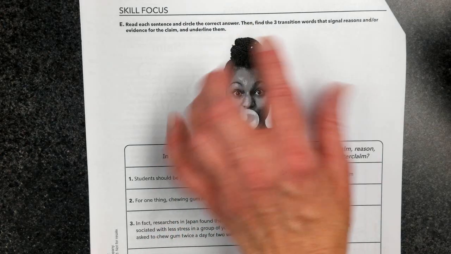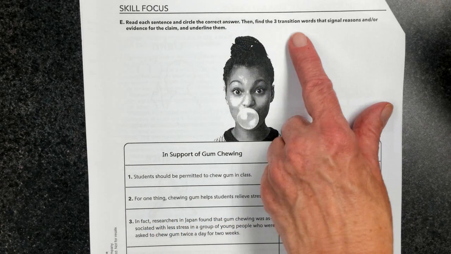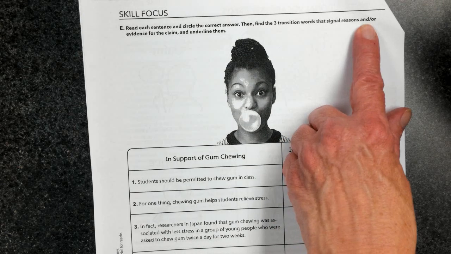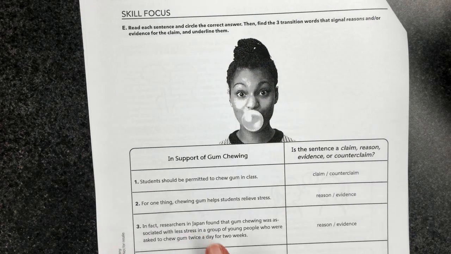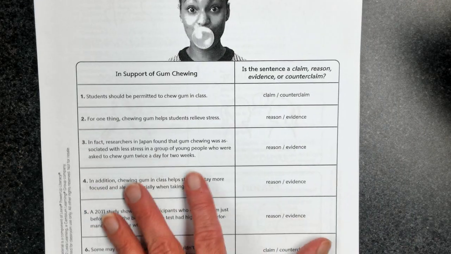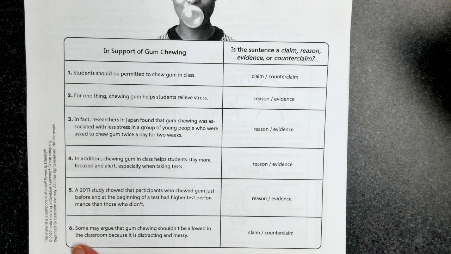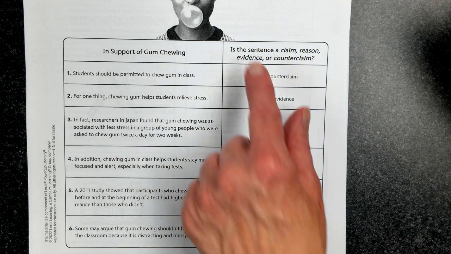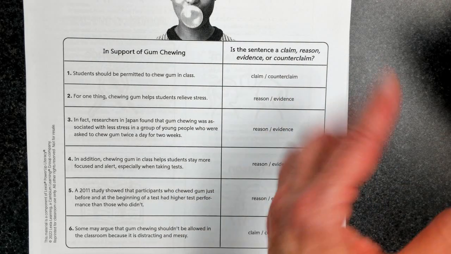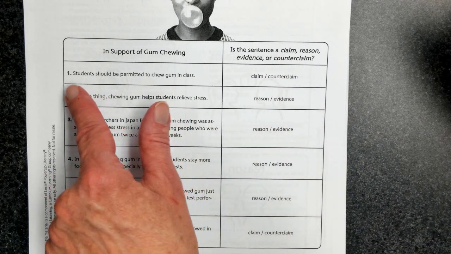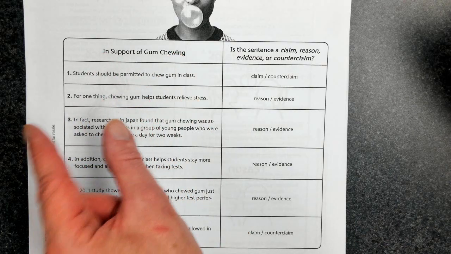So it's talking about after finding the three transition words that signal reasons or evidence for the claim and underline them. So in support of gum chewing, so what are these things? So here's the title, in support of gum chewing.